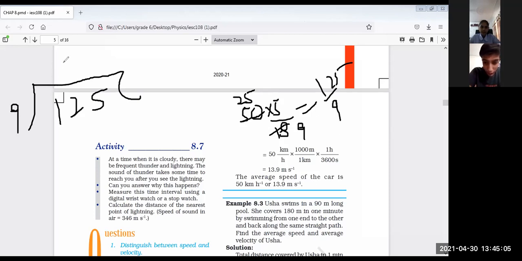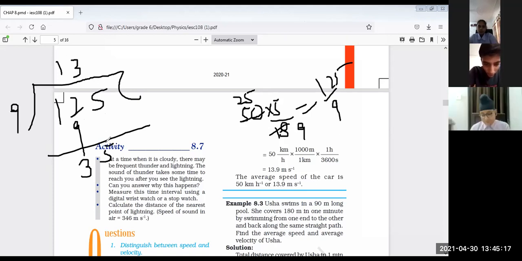कैसे divide करोगे? 9 ones are 9. आती है division? You are left with 3. 5 came here. Then 9 4s are 36, which is greater. So 9 3s are 27. You are left with 8. Put a dot here.